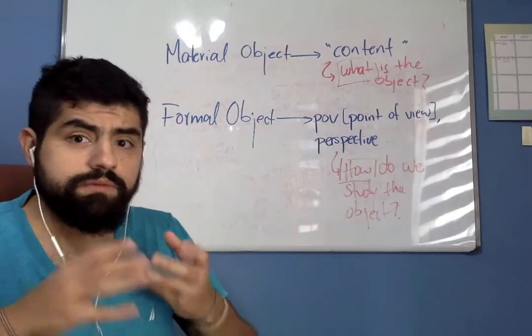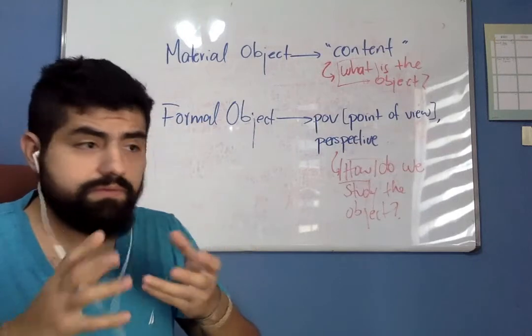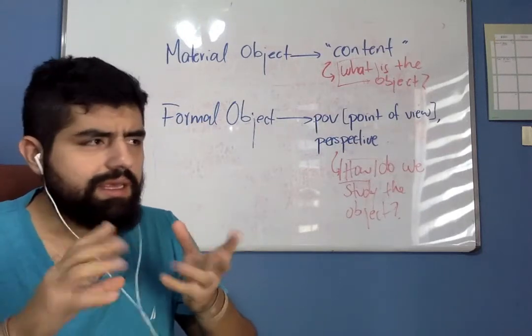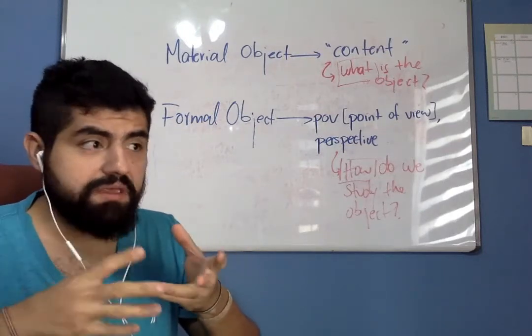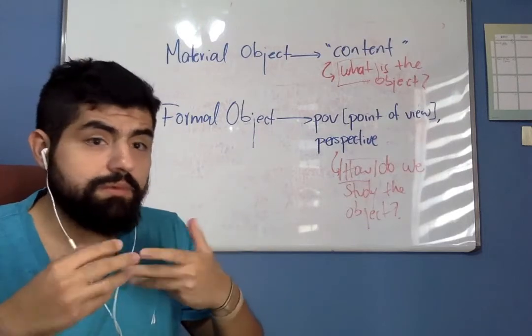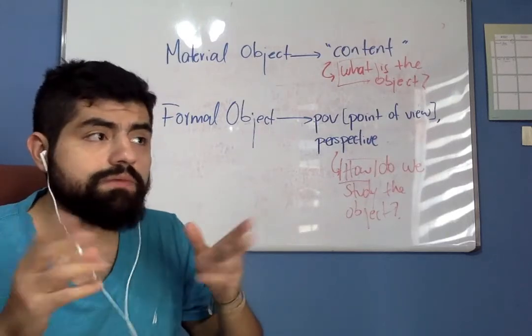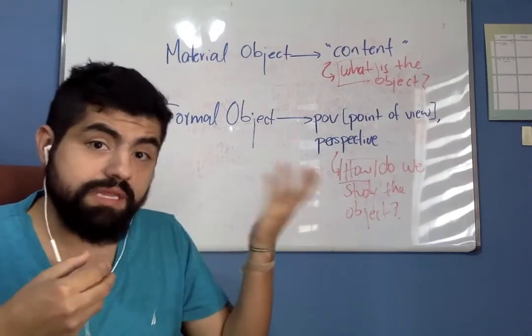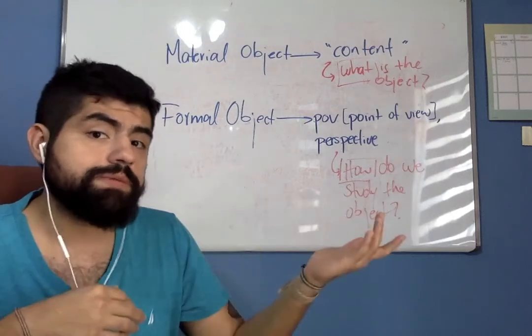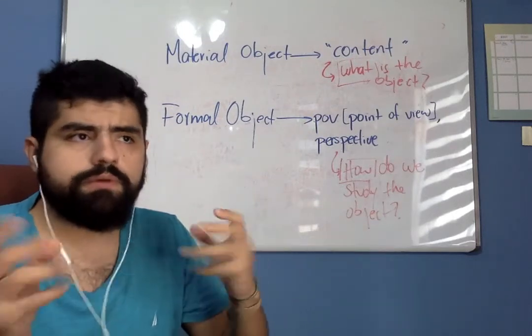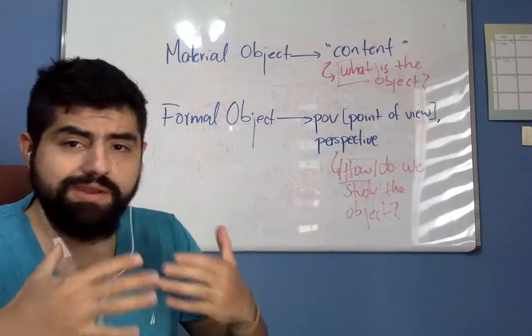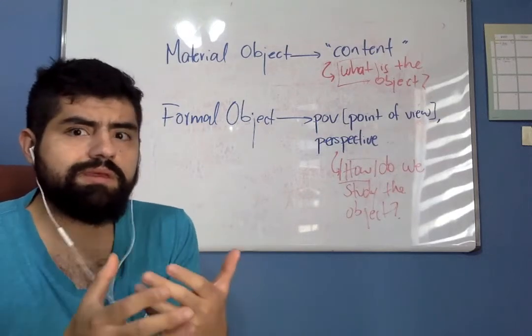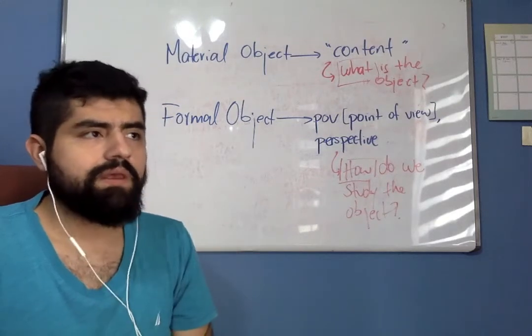Even if we talk about a specific science, for example medicine, medicine can have several subspecies or branches, and all of those branches will have the same material object but different formal objects, each one of them. For example, we can say in general terms that medicine studies the human body, okay?